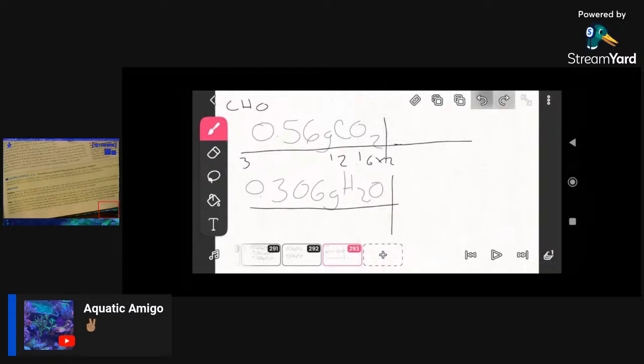Let me know if I'm doing it right. So 44 grams of CO2 gives us 1 mole of CO2. And then 1 mole of CO2 has 1 mole of carbon.